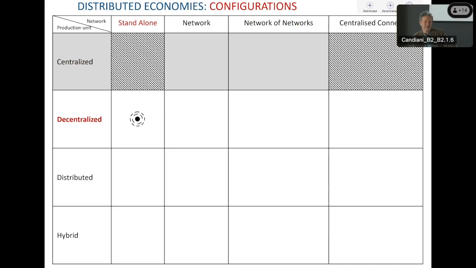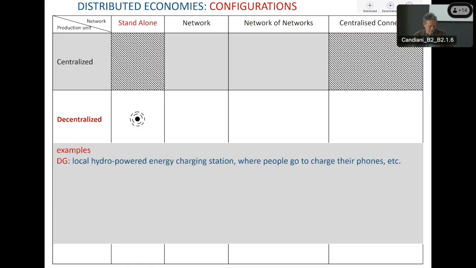So when it's decentralized, so nearby, and standalone, let's make some examples. So I go closer to the question that was raised before.